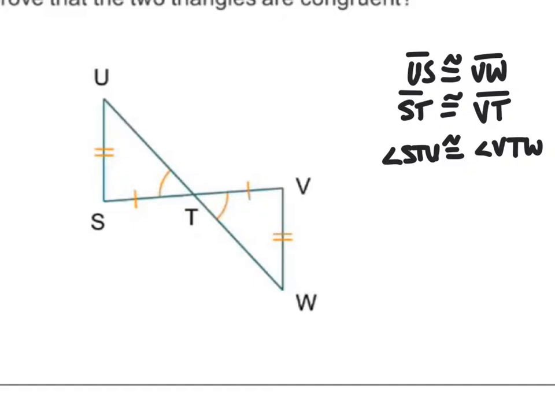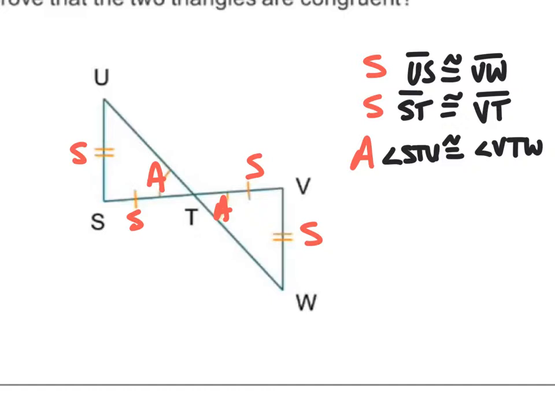As I go around this triangle, I have a side length and an angle measure. I have a side length, a side length, and an angle measure. So I can't conclude that these are congruent.